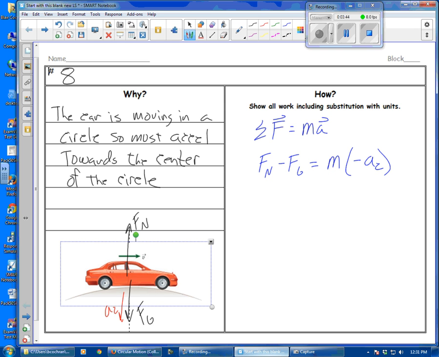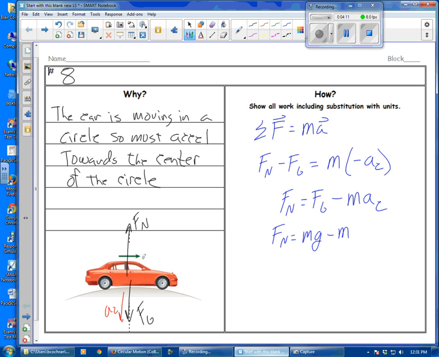And I want to know the normal force. So normal force equals F sub g plus a negative, which is the same as minus, right? So minus m a_c. And I can substitute in mg minus m a_c.